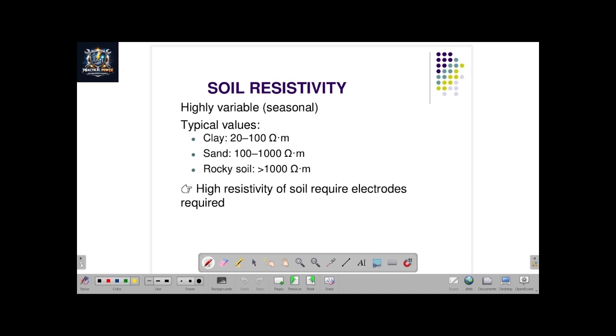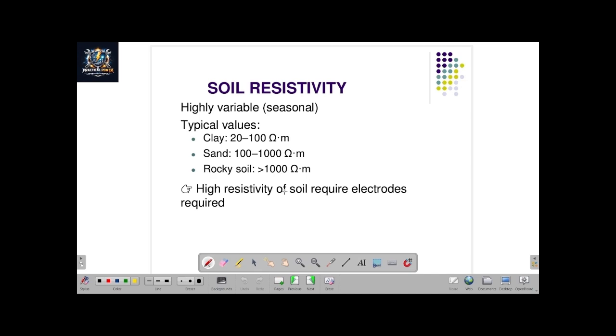Soil resistivity varies during the season. For clay, it varies from 20 to 100 ohm meter. For sand, it becomes 100 to 1000 ohm meter, and rocky soil it becomes greater than 1000 ohm meter.